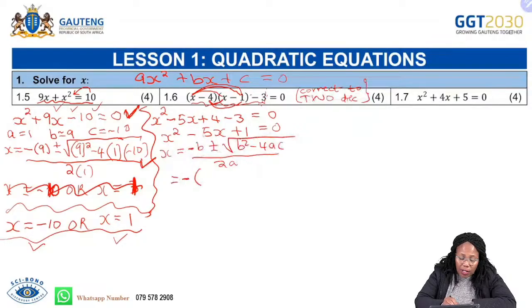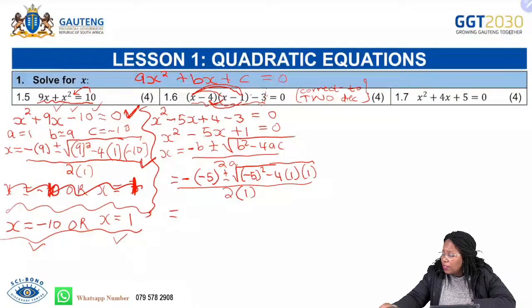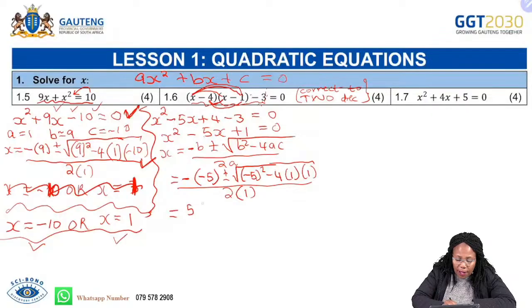And then b comes with a negative 5 again, plus minus square root of b, which is minus 5 squared, minus 4, the a is 1, the c is 1 there. And then this is 2 into 1. And then now everything into your calculator, grade 12. In a simple surd form, it will be 5 plus minus the square root of 21 over 2.